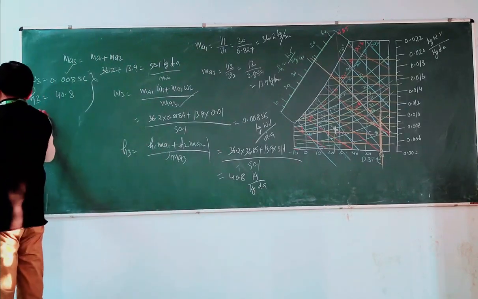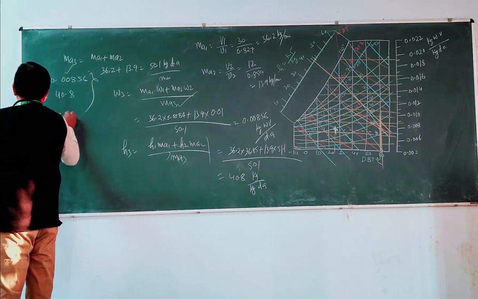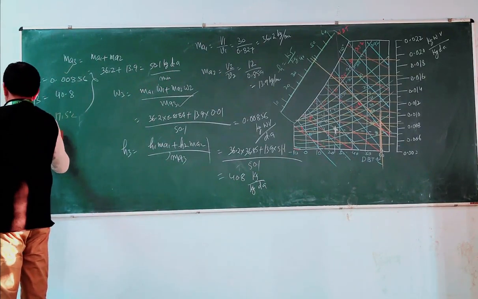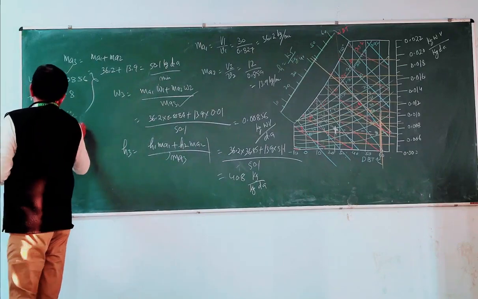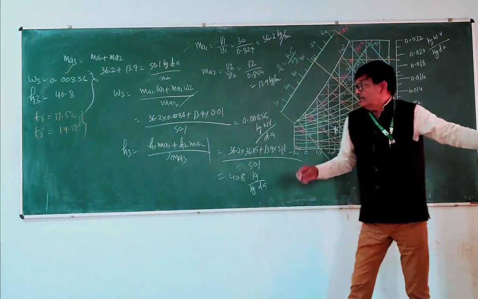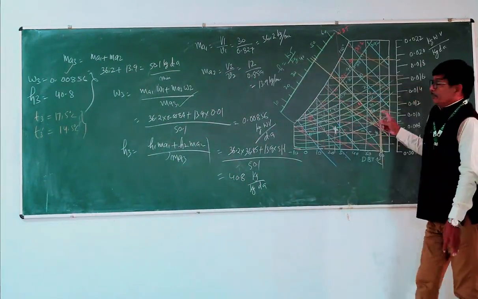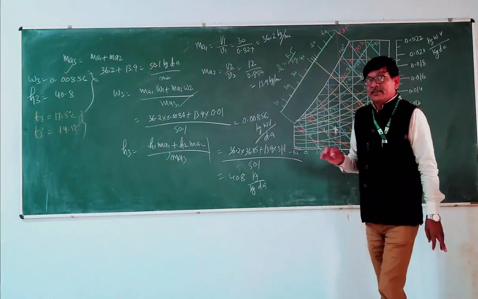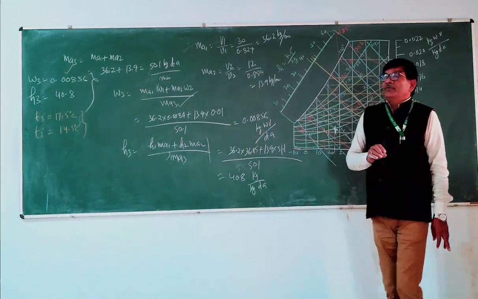So from the equation you get T3 equal to 17.5 degrees centigrade and T3 dash equal to 14.5 degrees centigrade. Actual values are not here for the diagram. I have constructed the diagram only for making you understand. The process is the same, but values may differ.